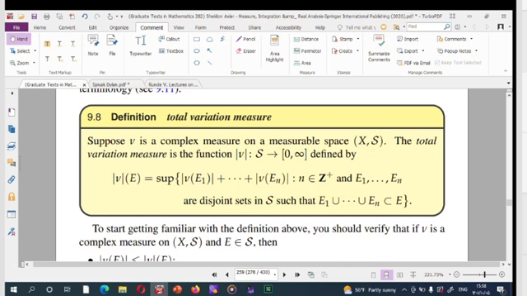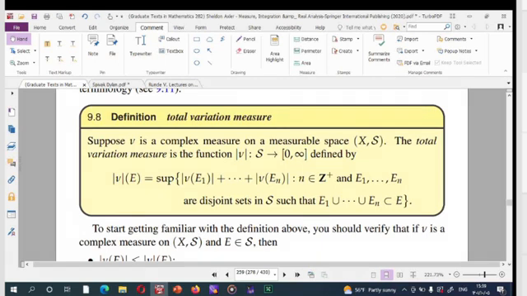Suppose nu is a complex measure on a measurable space X and S. The total variation measure is the function absolute value of nu from S to this interval defined by this equality. Absolute value of nu of E equal to this supremum, this summation for any natural number n, and disjoint sets in S such as E1, E2 up to En.